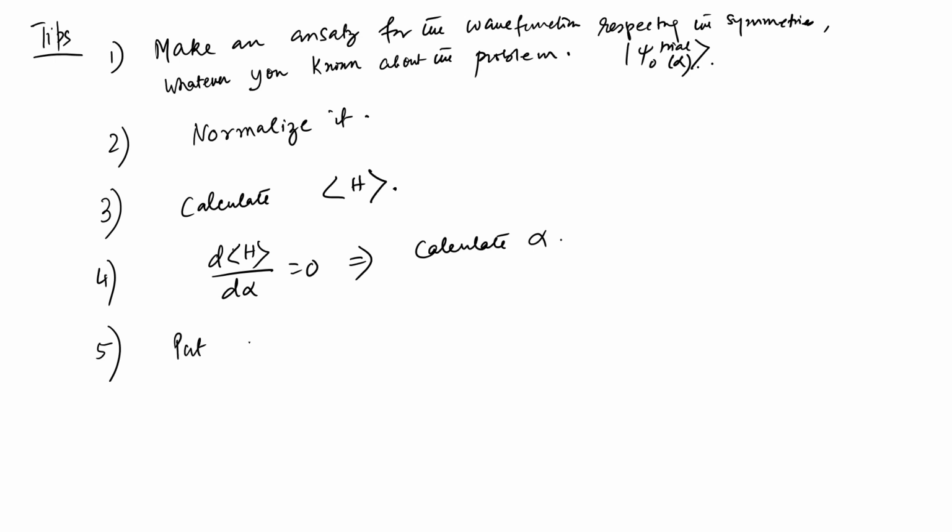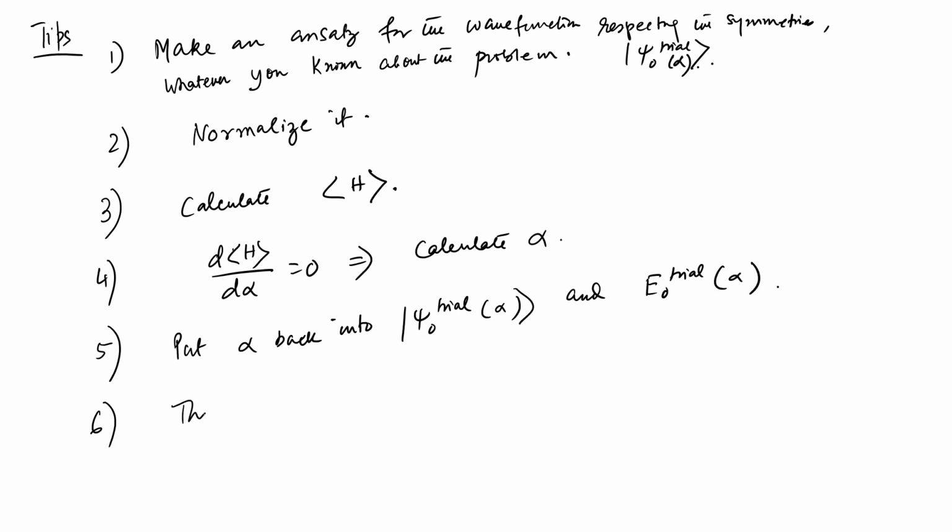Put alpha back into psi_0 trial of alpha and E_0 trial of alpha. This is the upper bound to the ground state energy. This also works for excited states.